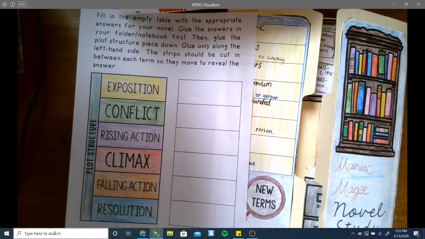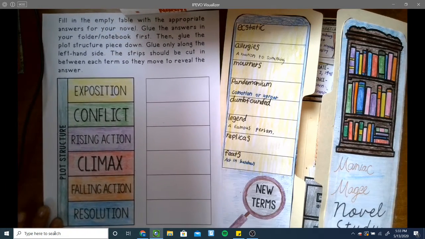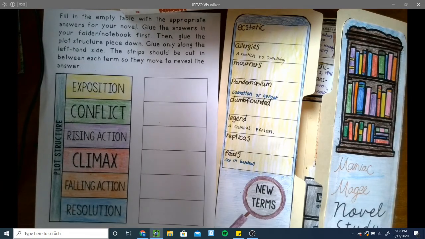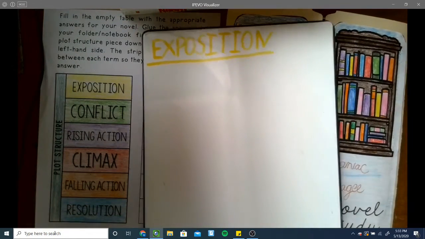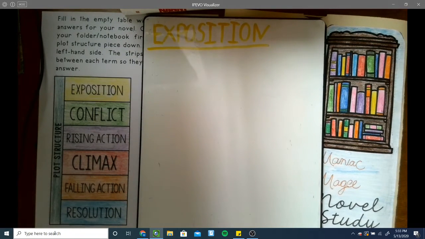I'll do the first one with you, but then I will leave you on your own. But first, let's look at what each of these boxes, each of these elements, have in each of them.